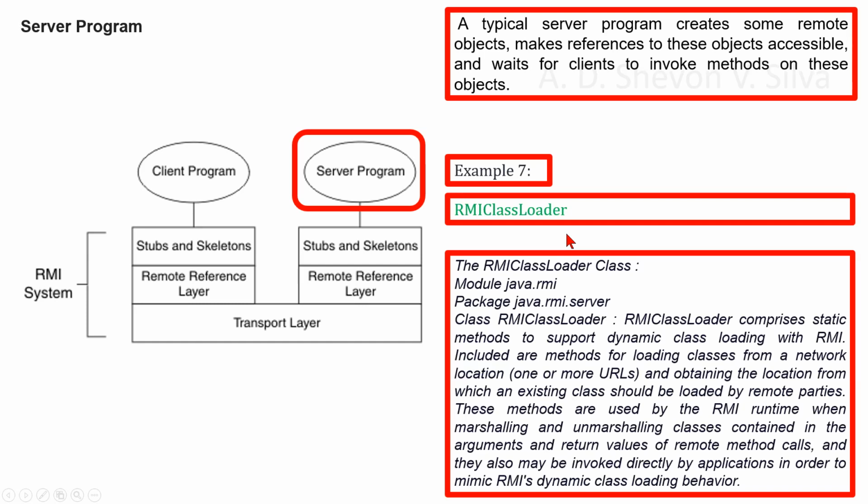These methods are used by the RMI runtime when marshalling and unmarshalling classes contained in the arguments and return values of remote method calls, and they also may be invoked directly by applications in order to mimic RMI's dynamic class loading behavior. This is in the package java.rmi.server, which is in the module java.rmi.